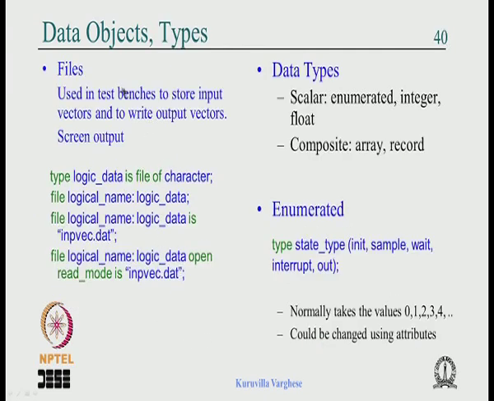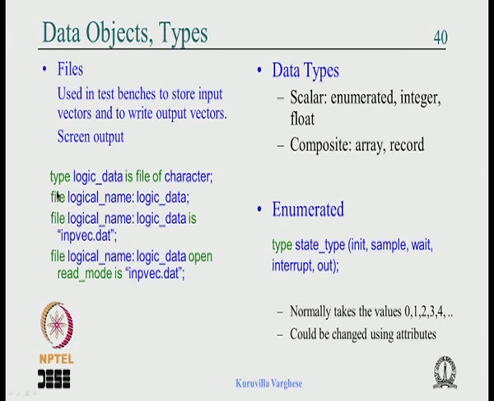And let us come to the files. Files are used in test benches to store input vectors and also to write output vectors. We will see the syntax when we go to the test bench, but maybe quickly we will see how that is used. Normally you define a data type: type, some name, is file of character. So wherever you use logic data, it says that it's a file with characters inside.